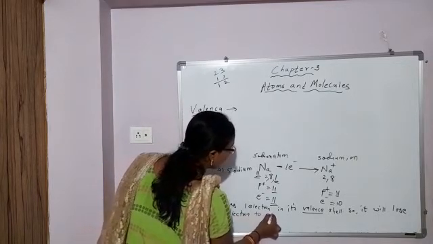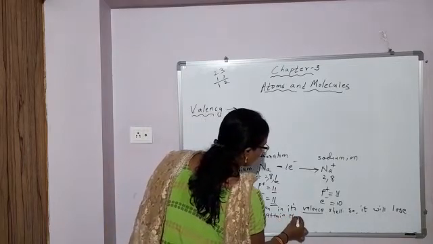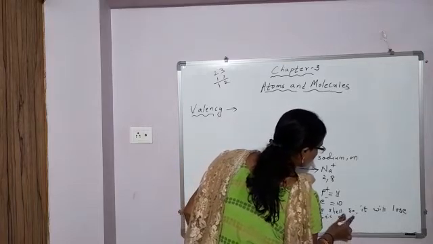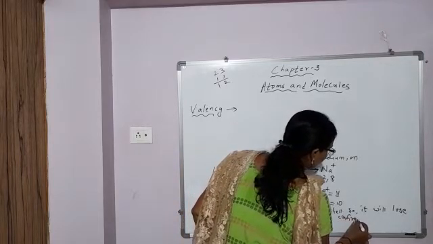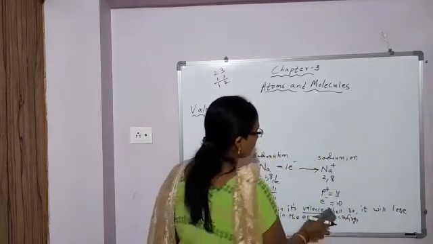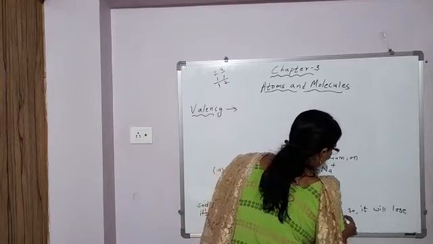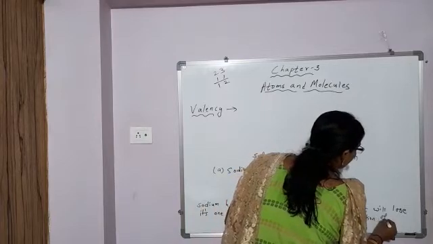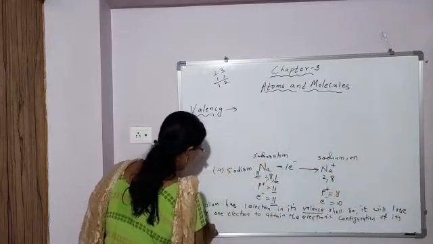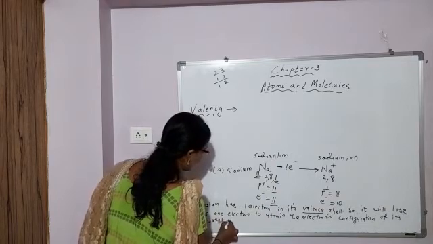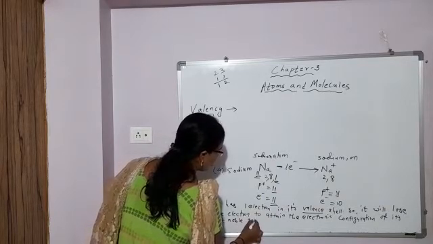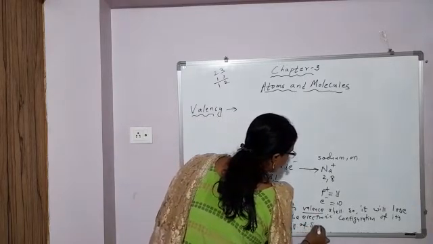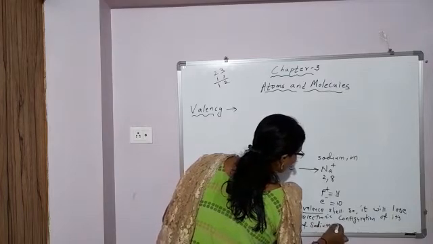To attain the electronic configuration of its nearest noble gas. So, valency of sodium is 1.